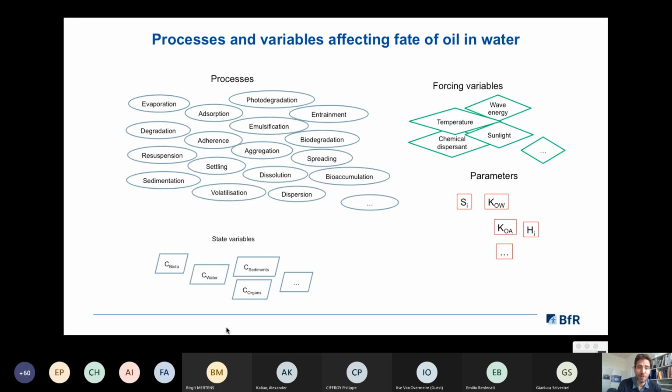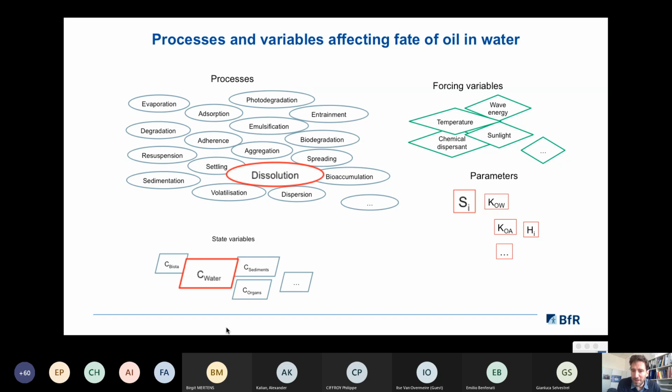So there's a lot of processes involved, and it is not possible, and I think you would not like to go into detail in this presentation. There's a very good documentation of all this available, but just to give you the idea, we have a lot of processes which have been included in the model, and state variables and forcing variables. For example, the dissolution is one parameter.